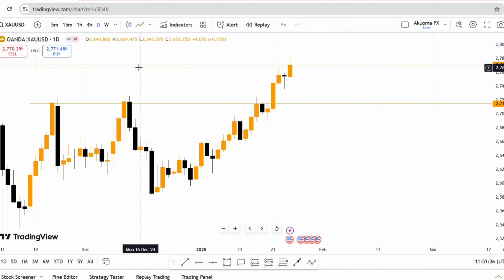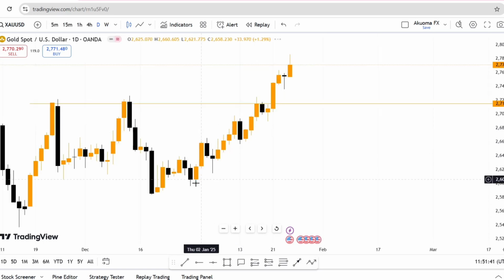So guys, this is our daily time frame. You can see that our daily time frame is also in a very strong bullish trend, and you can see how the market has been breaking highs, which shows that we are in a bullish trend, also known as an uptrend.